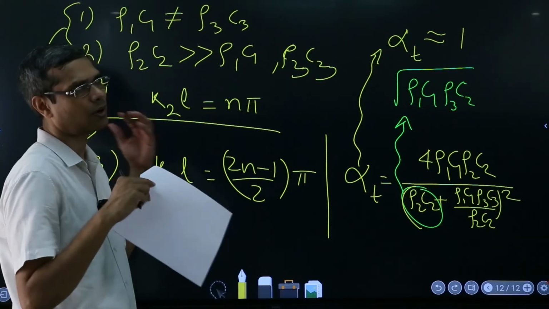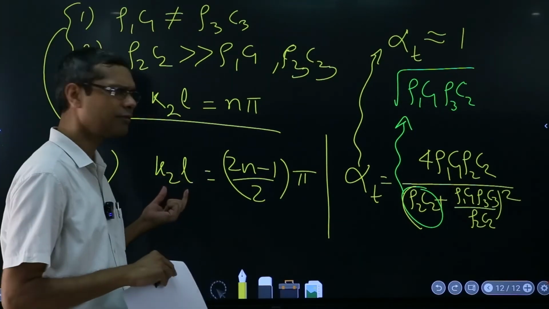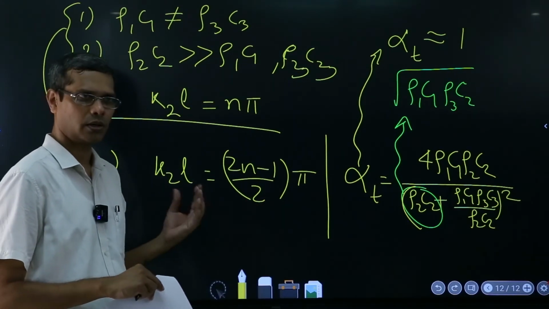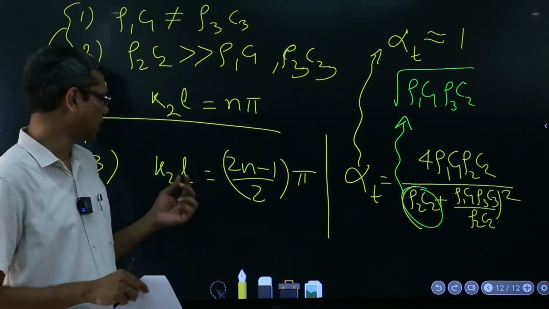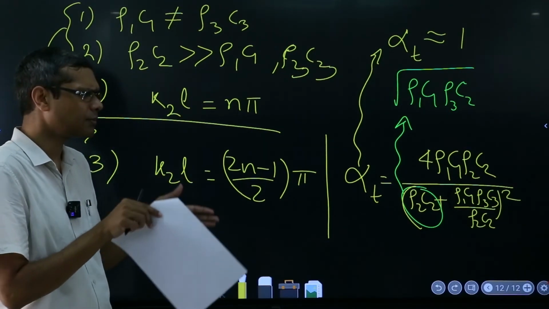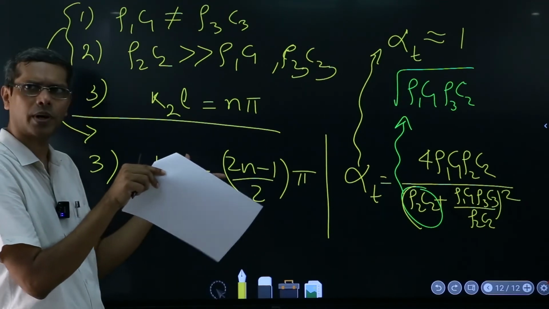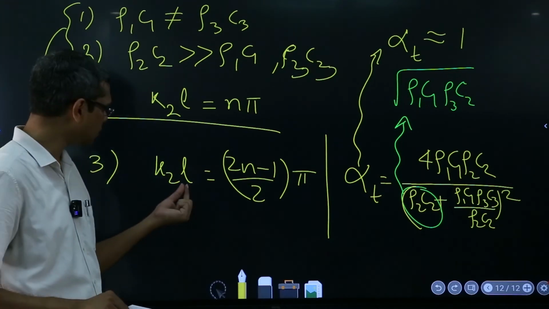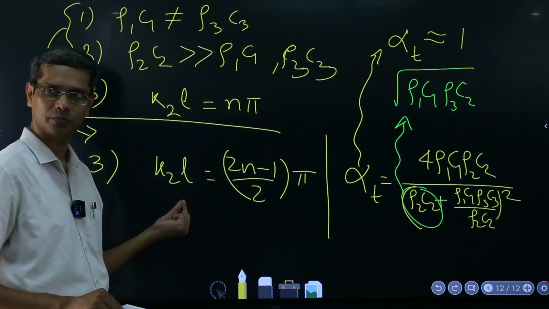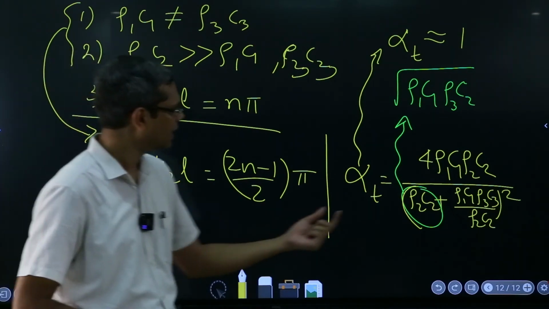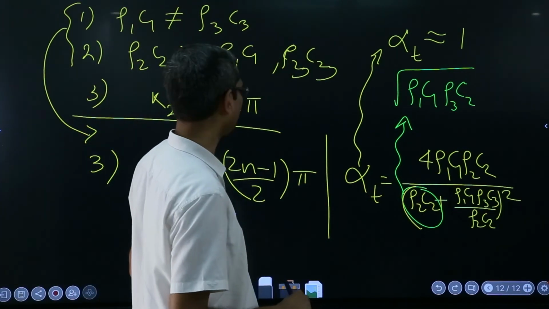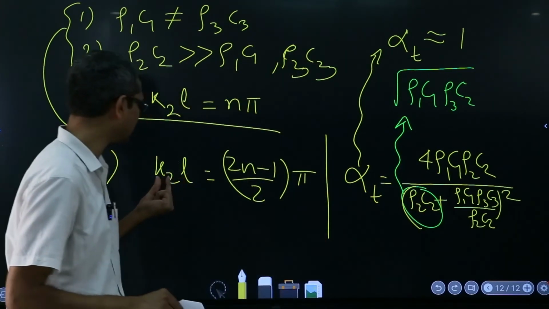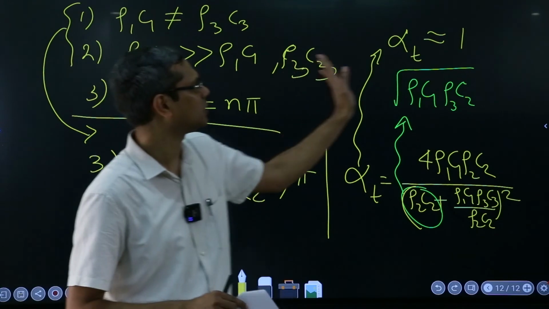For a given frequency range anyway, because K2L becomes this, that is the condition. So if I am interested in a band pass filter, where I want that certain frequencies only should pass, then I should choose this length and the rho 2 c2 value, and for that frequency it will just pass through.